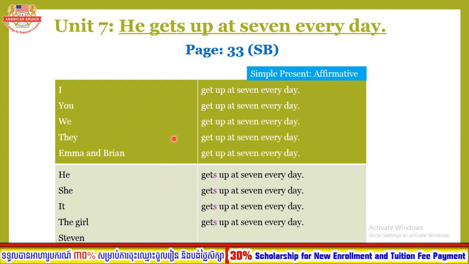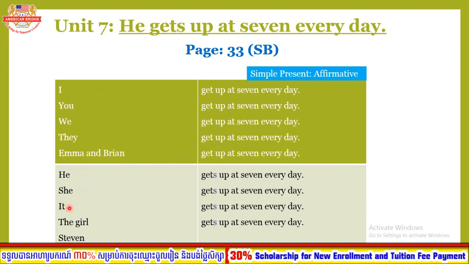Let's look at the sentences in the box here and also the box here. What is the difference? When we use the subjects I, you, we, they, and the two names here, look at the word get. Get here is without s, right? Get up, get up, get up. We do not add s at all.